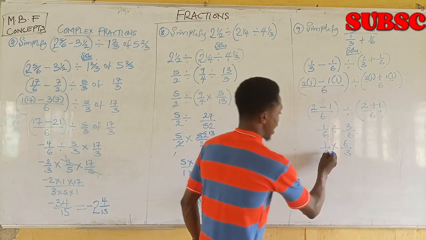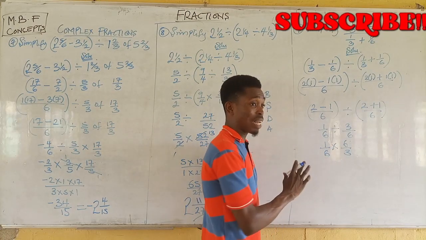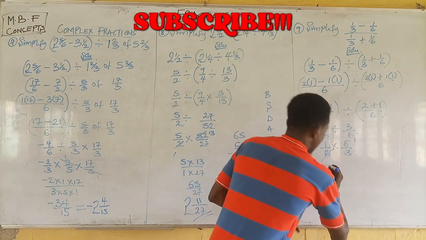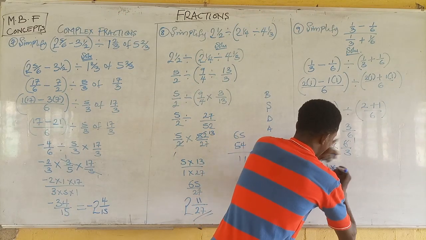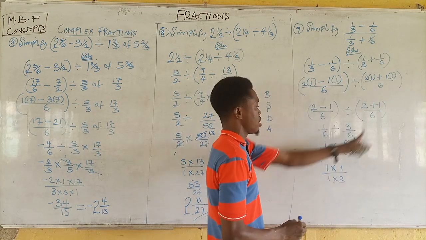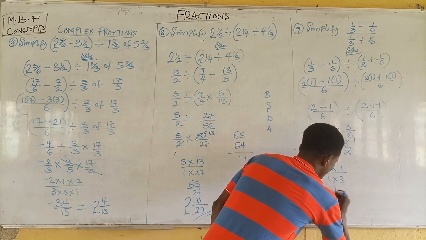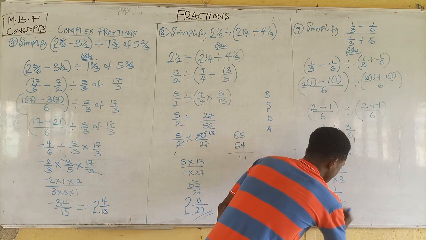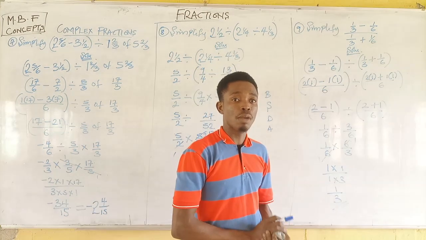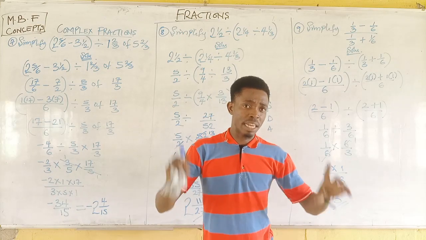So at this point, 6 and 6 are diagonally arranged, and 6 can divide 6 to give us 1. As simple as this. So generally, I'm going to have 1 times 1 over 1 times 3, because 6 here is 1, 6 here is 1. Then 1 times 1 is 1, and 1 times 3 is 3. And this result is a proper fraction. We will stop at this very point.